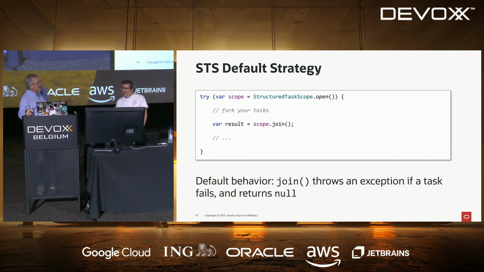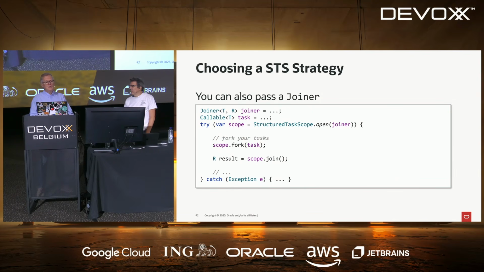Okay, so structured task scope, you open it, you fork, you call join, and then you do what you want with it. After that, if you don't call join, you will suffer the pain of having exceptions because you need to call join. But the fact is, and I don't know if you remember the slide with the configuration, but actually the first element in the configuration was a joiner, and you can pass a joiner to the opening of this structured task scope.